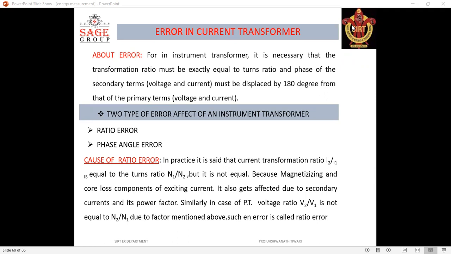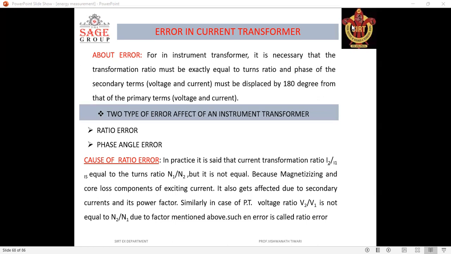What is error? For an instrument transformer, it is necessary that the transformation ratio must be exactly equal to the turn ratio, and the phase of the secondary terminal voltage and current must be displaced by 180 degrees from that of the primary terminal voltage and current. We are very familiar with the transformation ratio.